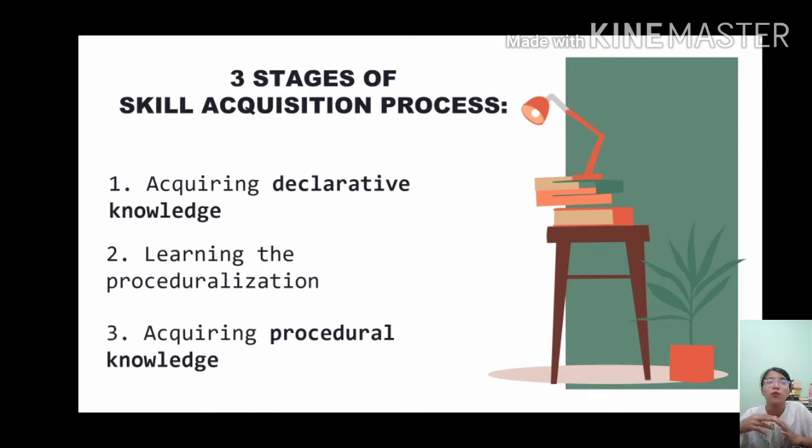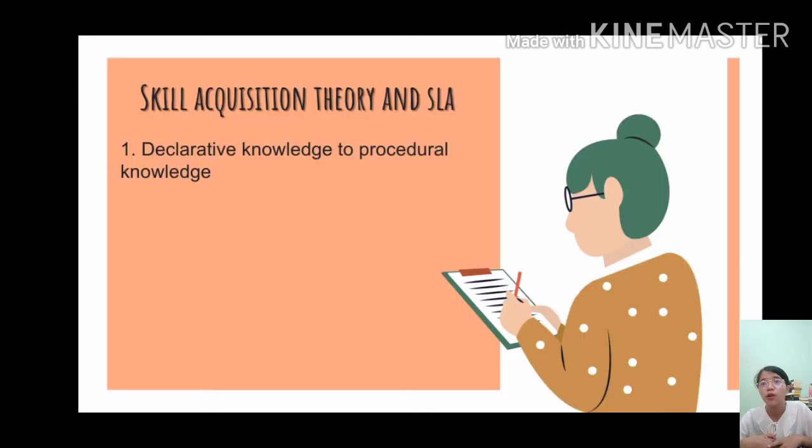So, we will finally discuss the relevance of skill acquisition theory in second language acquisition. First is declarative knowledge to procedural knowledge. It is a relevant notion in second language acquisition because language cannot be performed without first knowing the what's, right?